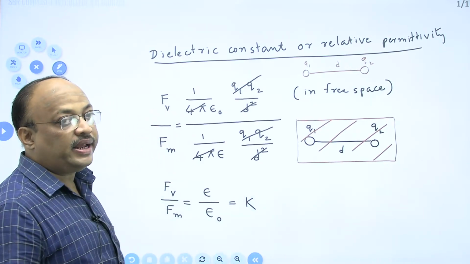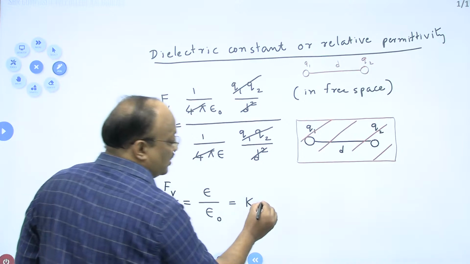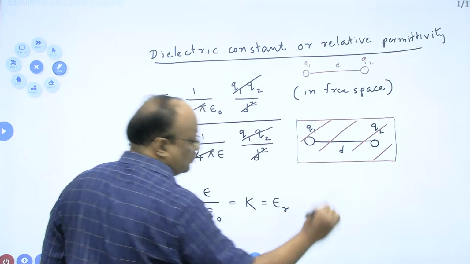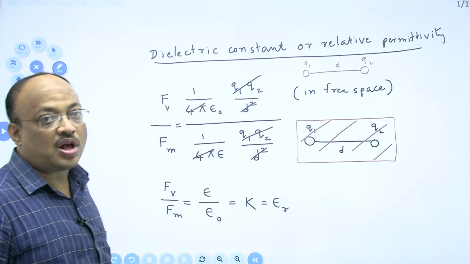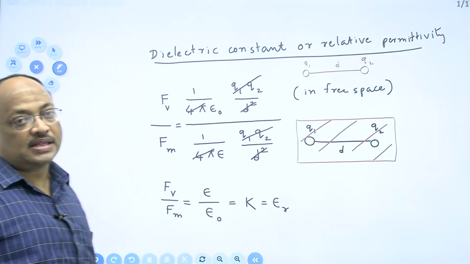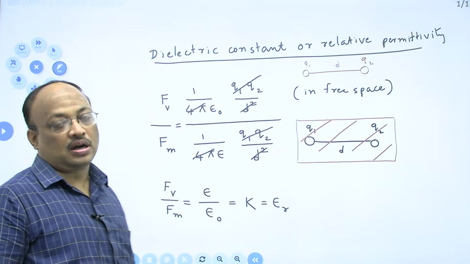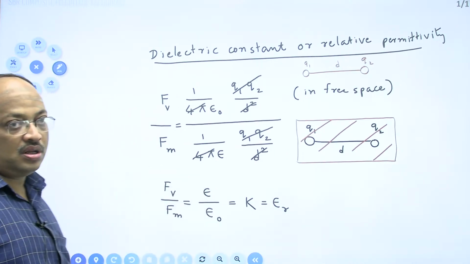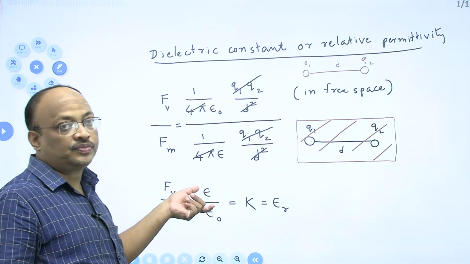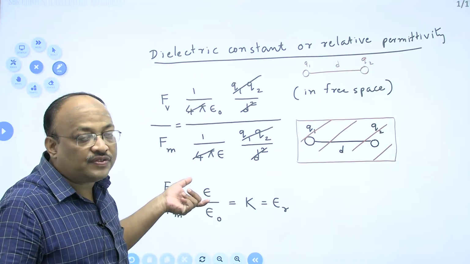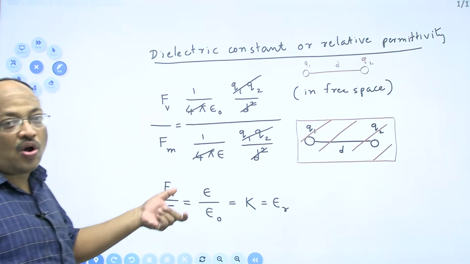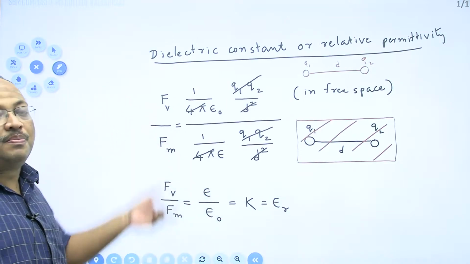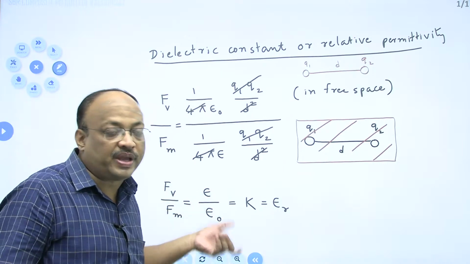We denote it by K. Or this also can be written as relative permittivity, epsilon R. Epsilon by epsilon naught, ratio of permittivity of the medium to the permittivity of a free space.